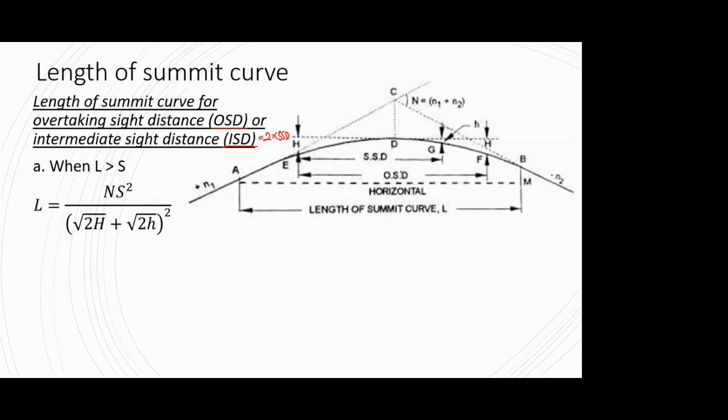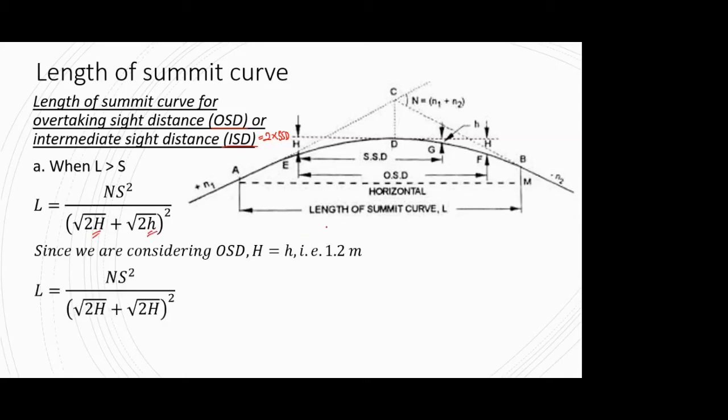So obviously the driver will come into picture, and then the height of the eye level will come into picture. So in that case, if you are considering OSD, this capital H and small h will be one and the same. So there will not be any small h in the equation. It will be only capital H, which is the height of the eye level of the driver.